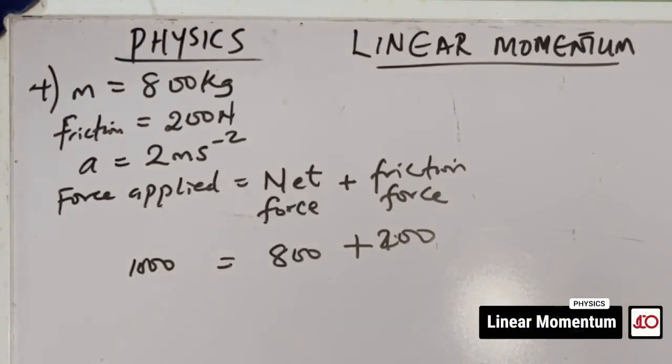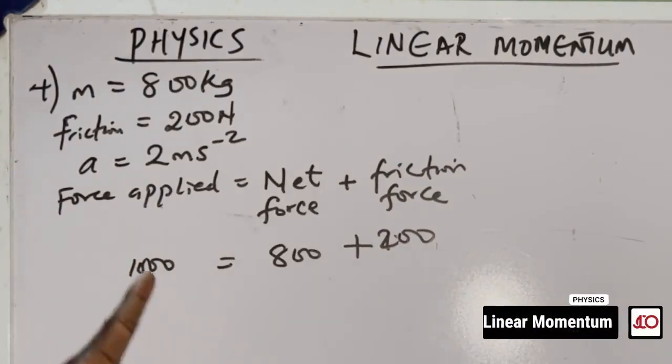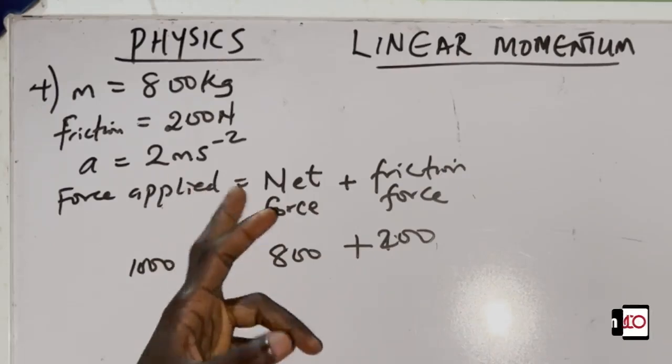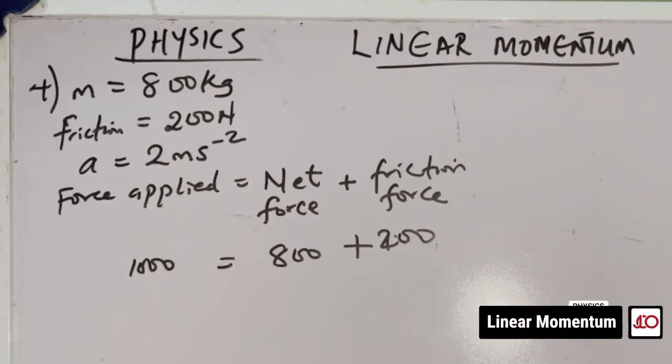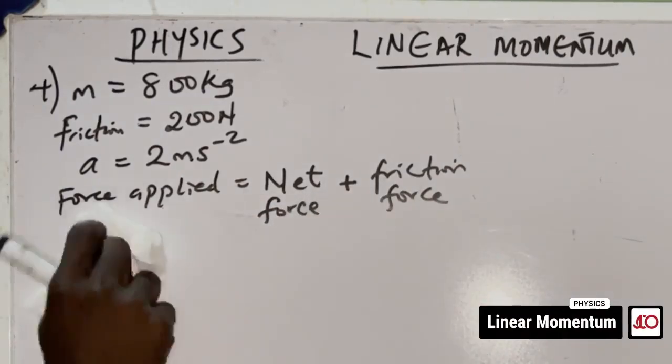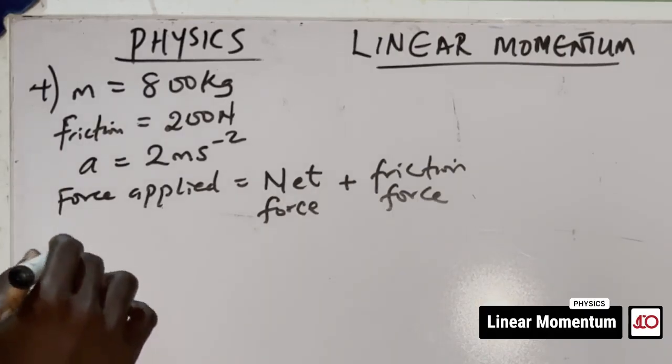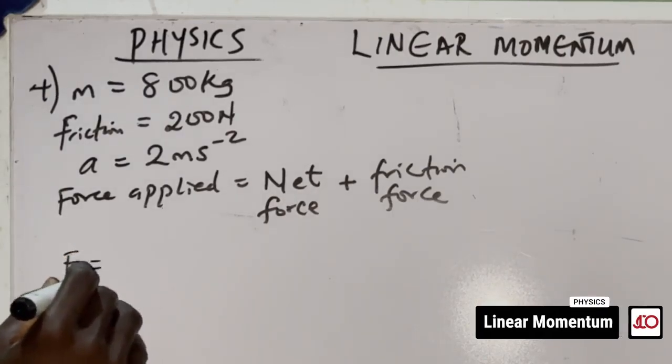So if I'm looking for the force applied, I already have friction 200. My job is to find the net force, and I can now find what is applied to get that force of movement. So what is my net force, based on the parameters given?